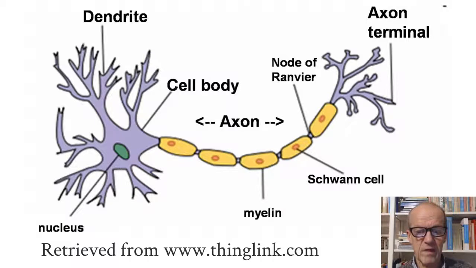And having this myelin sheath with the nodes of Ranvier makes it possible for the human information processing system to act at a very high speed.